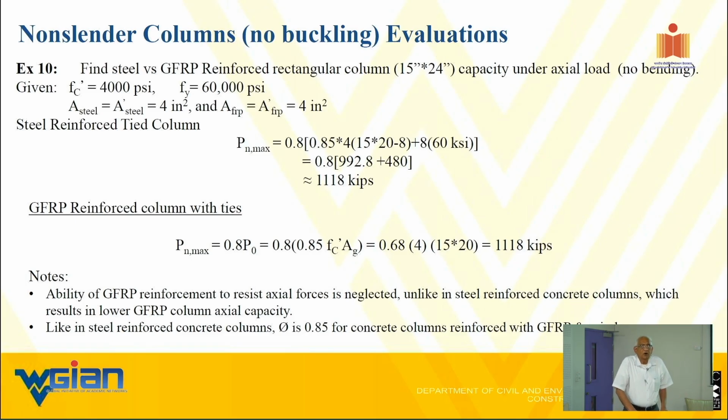Now they are going to argue that there is a micro buckling of FRP unlike in steel. Okay, which is fine, that is true. There is a micro buckling, we don't deny that.